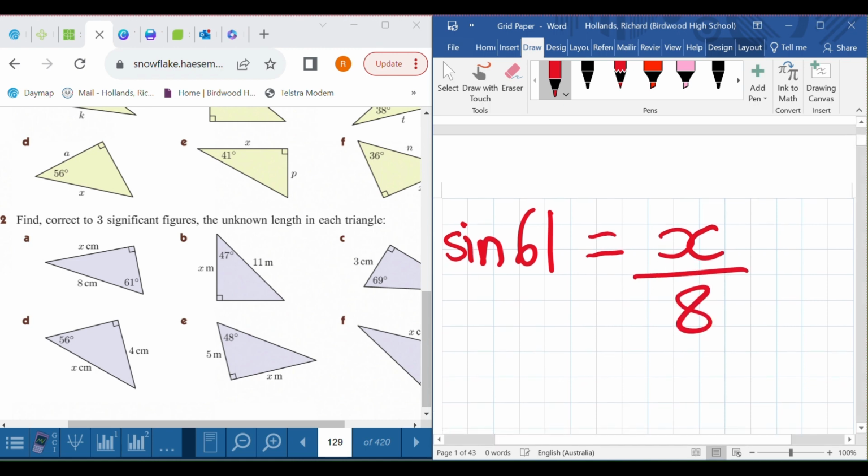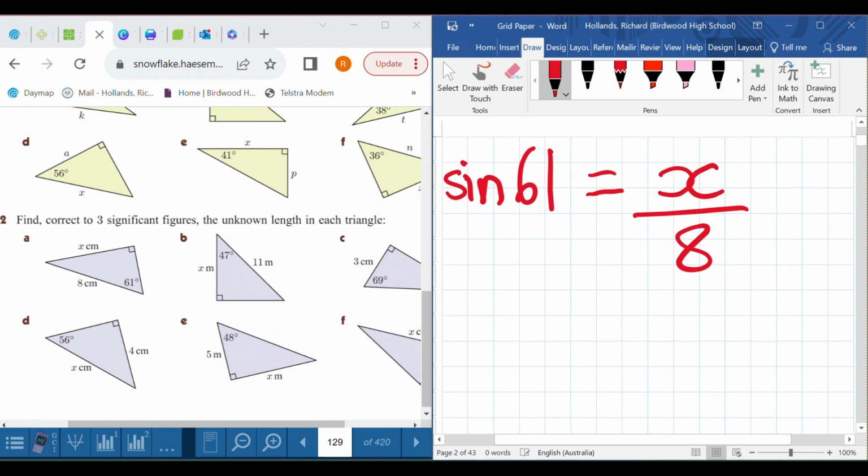Now, to work out what x is, we have to get x on its own. The way we do that is we do the opposite of dividing, and the opposite of dividing is multiplication. So we times this side by 8. Whatever we do to one side, we have to do to the other.